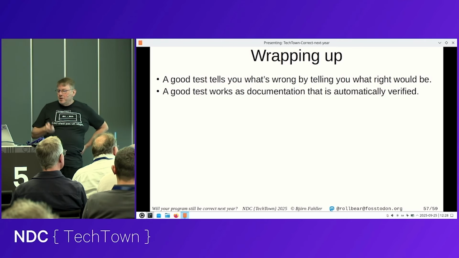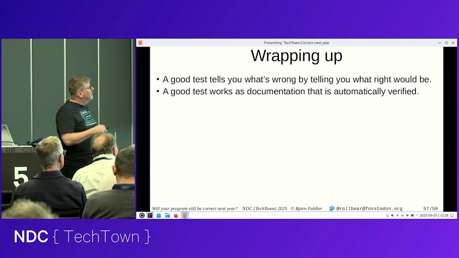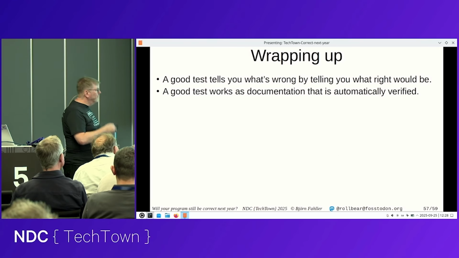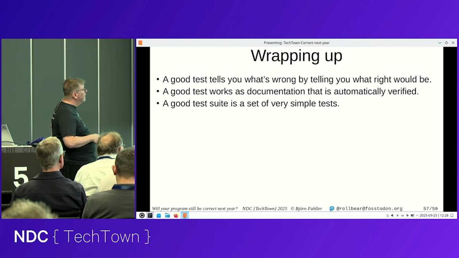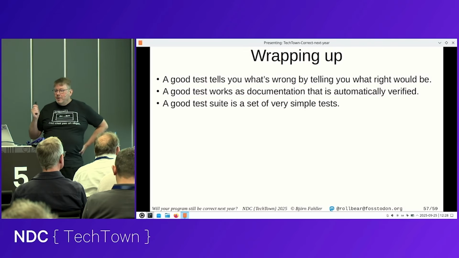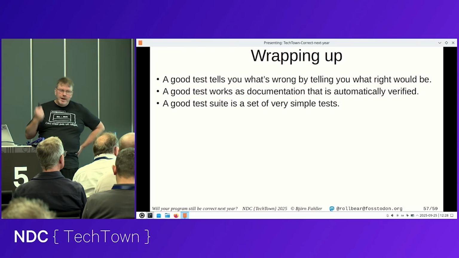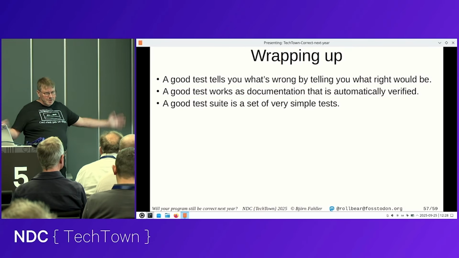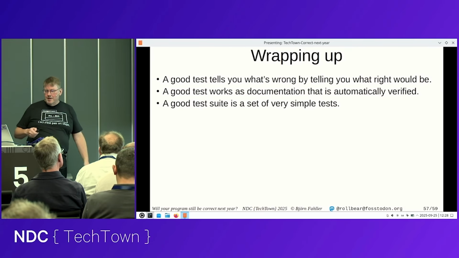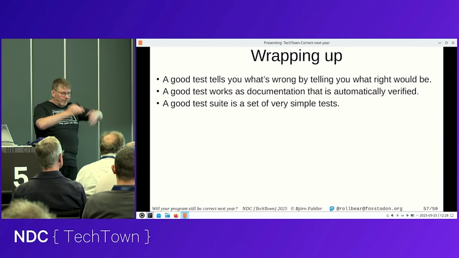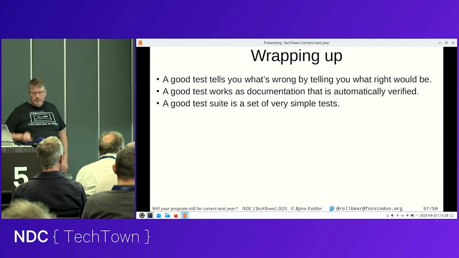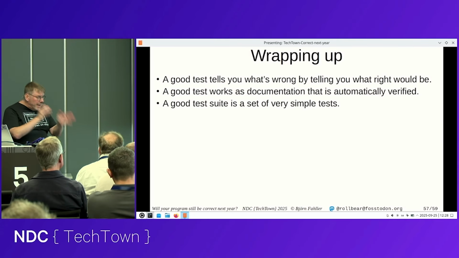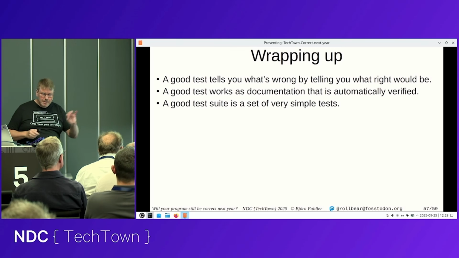A good test works as documentation that is automatically verified every single time you build. A good test suite is a set of very simple tests. Don't write these monster tests that are several hundred lines long. Very convoluted logic. Try to keep them simple. Many, but simple. Each test is simple.